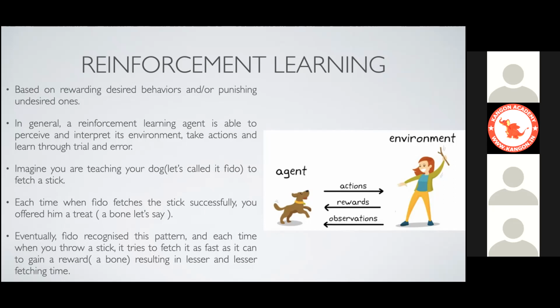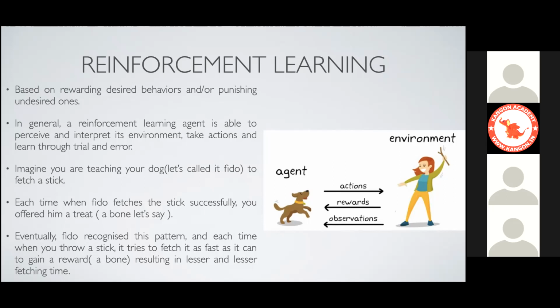Imagine you're teaching your dog, which here they're calling Fido, to fetch a stick. Each time Fido fetches the stick successfully, you offer him a treat, a bone or a piece of pedigree. Eventually, Fido recognizes the pattern: whenever it brings the stick, it will get a bone.